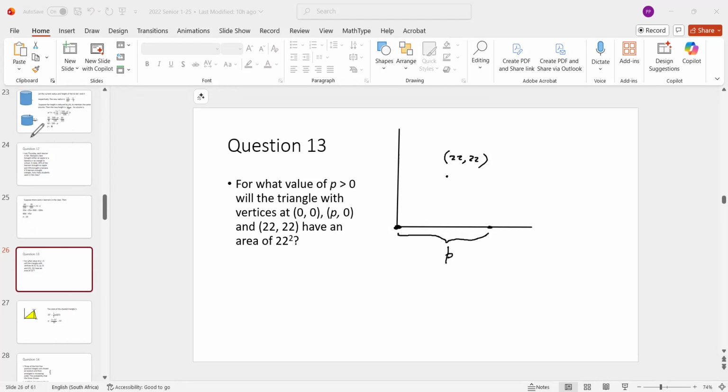But what's important is that the y-coordinate is 22. Now to work out the y-coordinate, from that point, you have to draw a perpendicular line. And the length of that line is 22. And from the origin to this point, that's also 22.